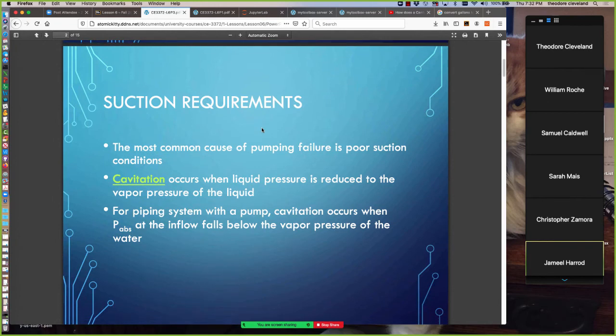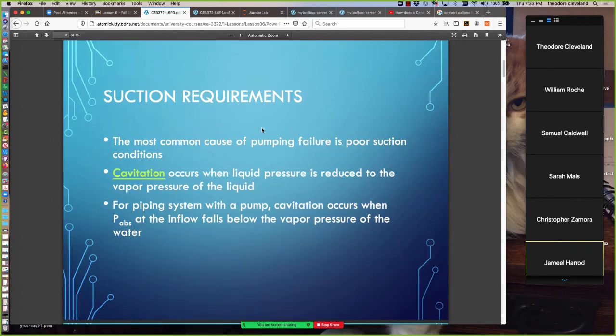And lastly, we will conclude the lesson for today with the suction requirements. Walker's book states that the most common cause of pumping failure is poor suction conditions.